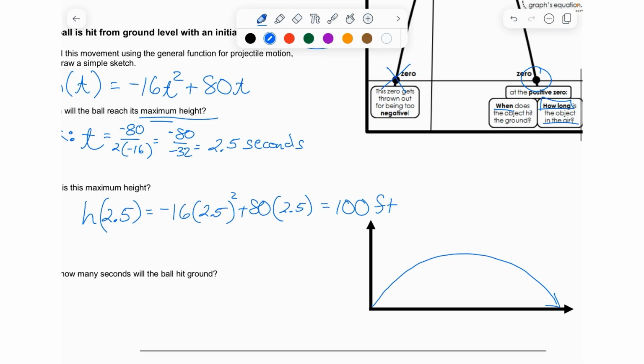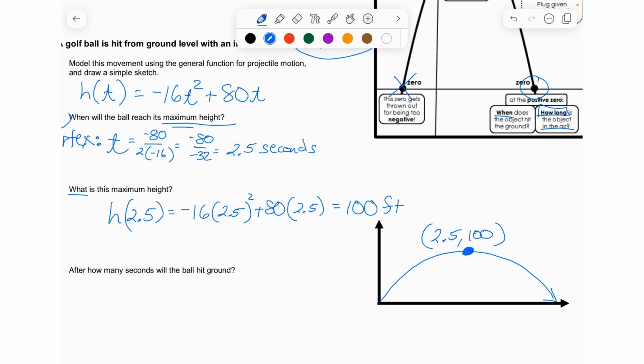And to go back to my graph, what I really found is that at 2.5 seconds, my ball reaches a height. And if we go back to the graph, we find that what we really found is the point 2.5, 100. Of course, it represents 2.5 seconds and 100 feet.